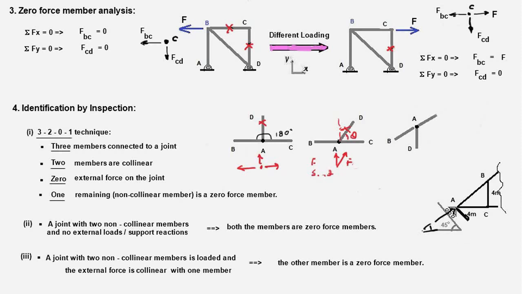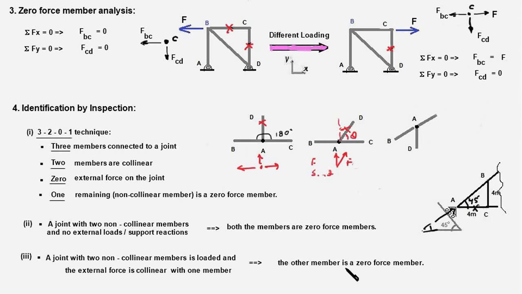So the reaction force making an angle of 45 degrees with the horizontal will be aligned with the member AB, because AB also is making an angle of 45 degrees with the horizontal. This is 4 meters, this is 4 meters, so this angle would be 45. And now, since this force is collinear with this member, the member AC would be a zero force member as per rule number 3.